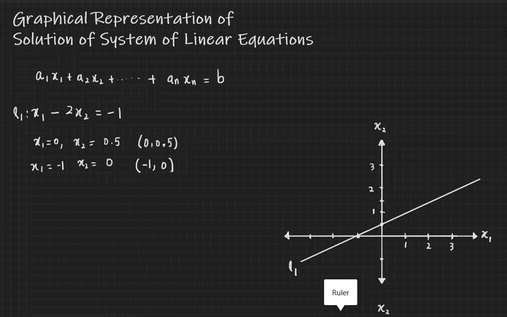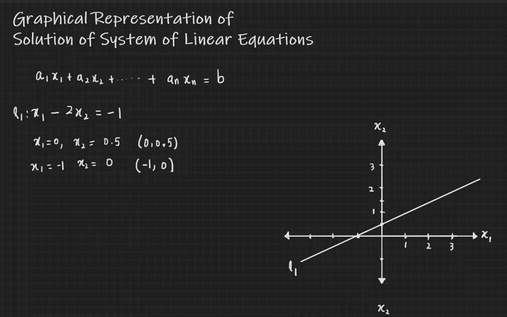In general, we can say that all those points on this straight line are the solutions of the corresponding linear equation. We can say that there are infinitely many solutions of this linear equation because there are infinitely many points on this straight line.